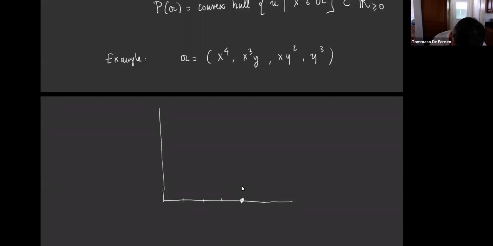So x^4 gave me this point. Then the next one is going to be x^3y, which is this point here. The next one is going to be xy^2, so it's down here. And the last one is going to be y^3. And of course, these are just the generators of the ideal. There are more elements here that I'm not marking down. But in fact, to write the Newton polygon, all I need is really the generators.